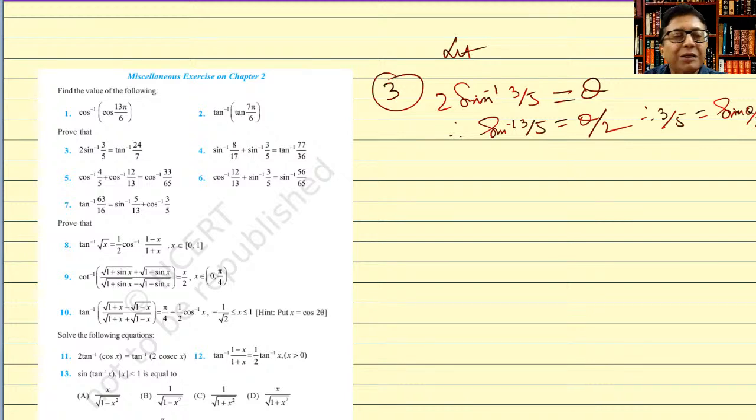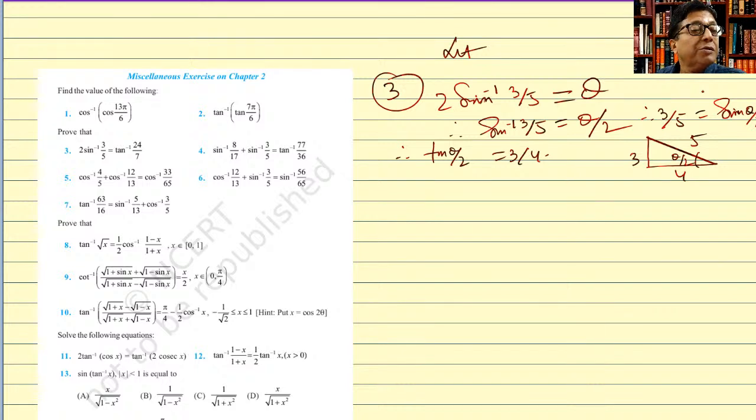Sin theta by 2 you got, sin theta by 2 is 3 by 5. Can you write tan theta by 2 from here? So tan theta by 2 is 3 by 4.